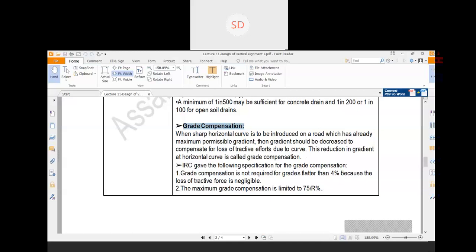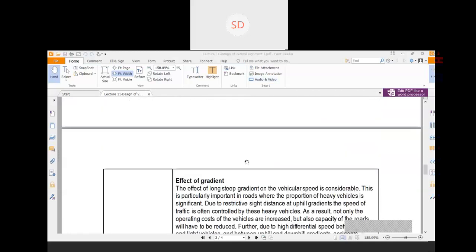If your grade is flatter than 4%, grade compensation is not required, and the maximum grade compensation is limited to 75 divided by R percent, where R is the radius of the curve. That is the maximum value of grade compensation which you can allow.